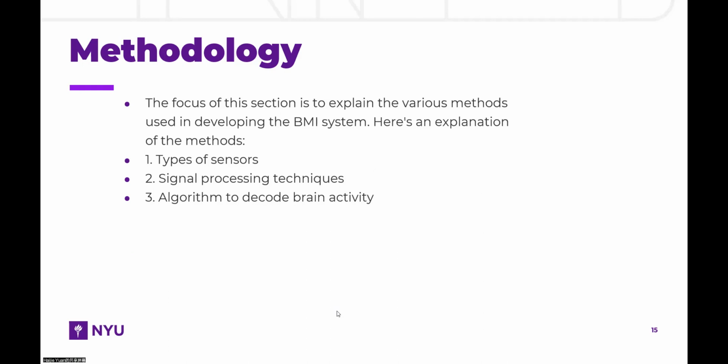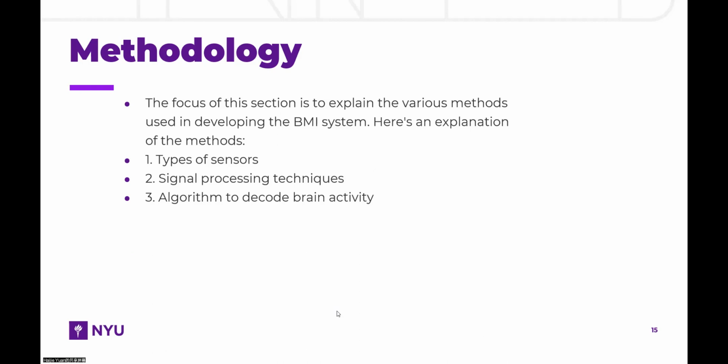The second one is signal processing techniques. This part illustrates the signal processing methods to extract the information from the raw brain signal collected by sensors, including filtering to remove noise, feature extraction, and normalization.